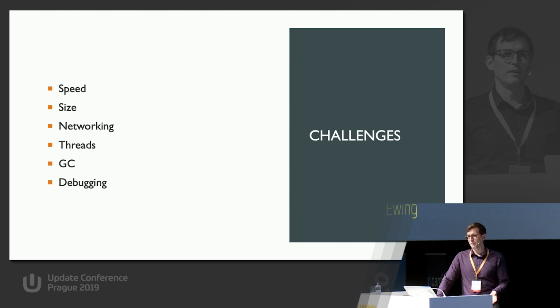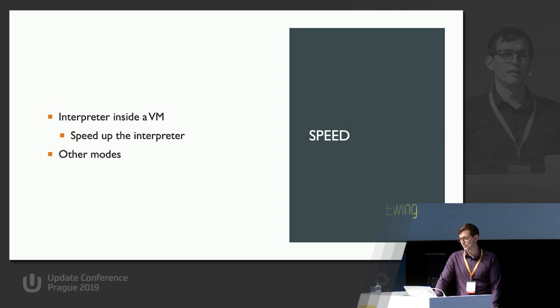And then, because we have one thread of execution, things like GC become quite complicated because there's no way to stop the world across things and then do your collection as you normally would, or the various other modes of collection. And then also debugging this, if we're trying to make a product, debugging can be quite tricky since you're running in a sandbox environment in a browser somewhere else. So we'll talk a little bit about that as well.